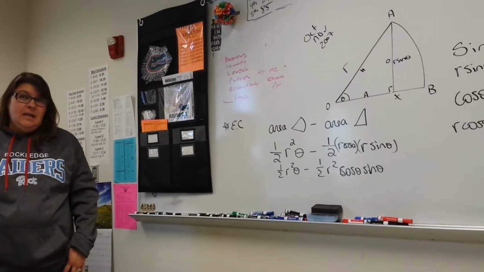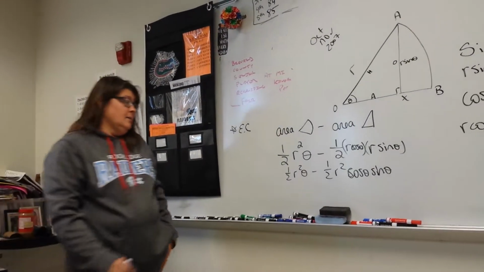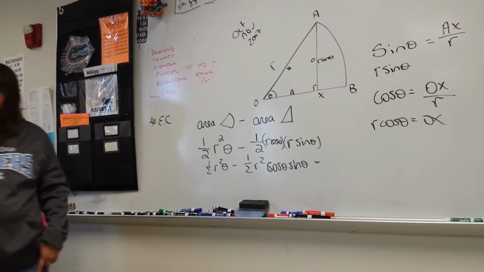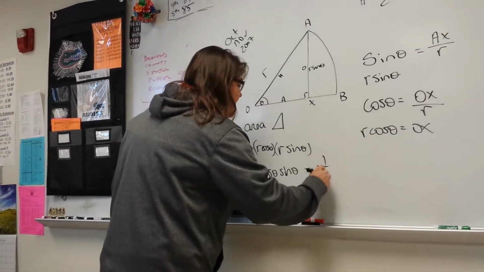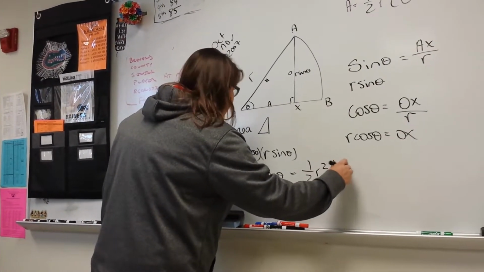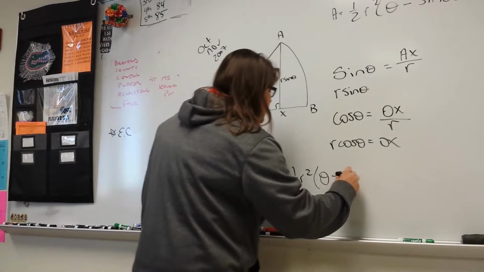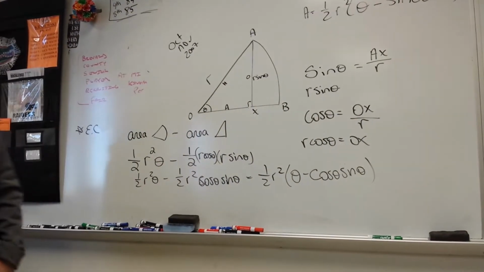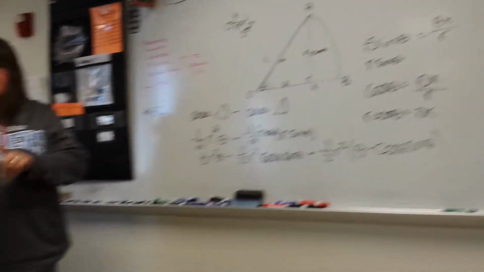Now what do you see? You can factor out what's in common, right? So we're going to factor out 1/2 R squared. So I'd have theta minus cosine sine. Is that okay if it says cosine sine instead of sine cosine? Yes.